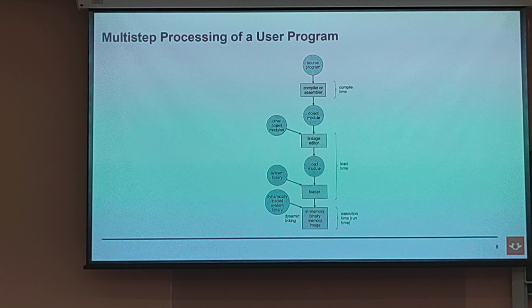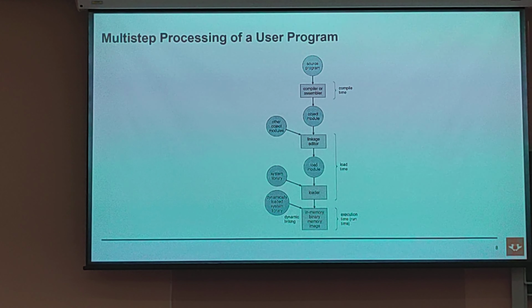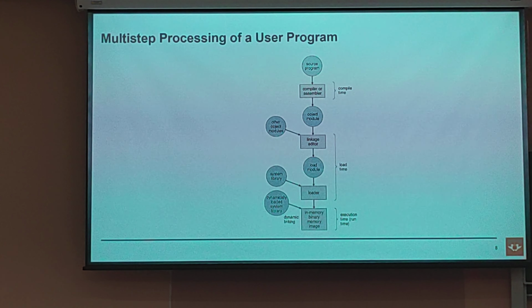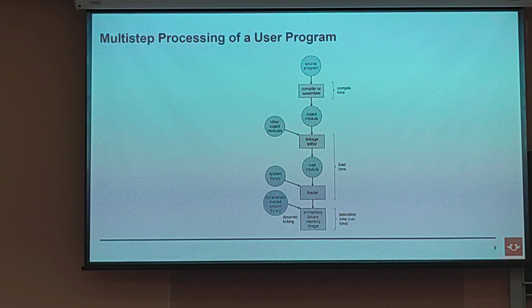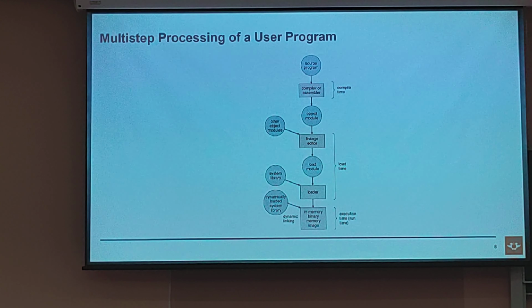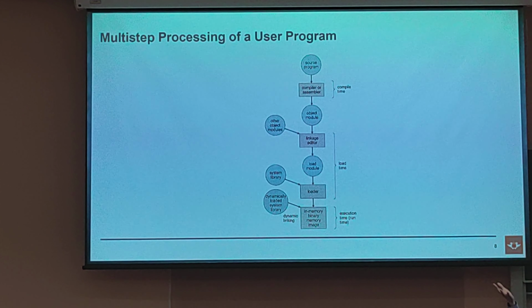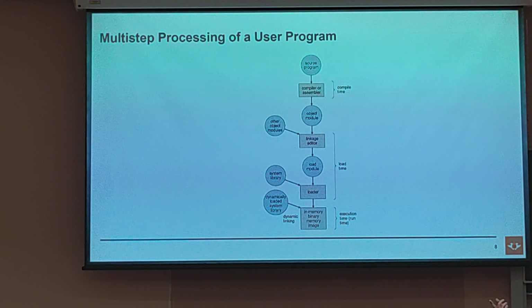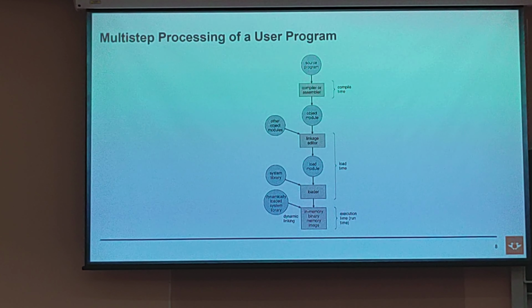You'll see that this last step, the dynamically loaded system libraries, is important in multi-processing systems, because if you run more than one process and both use the same library, do you have to load it twice in memory, or can you load it once and have both processes refer to the same copy of it?